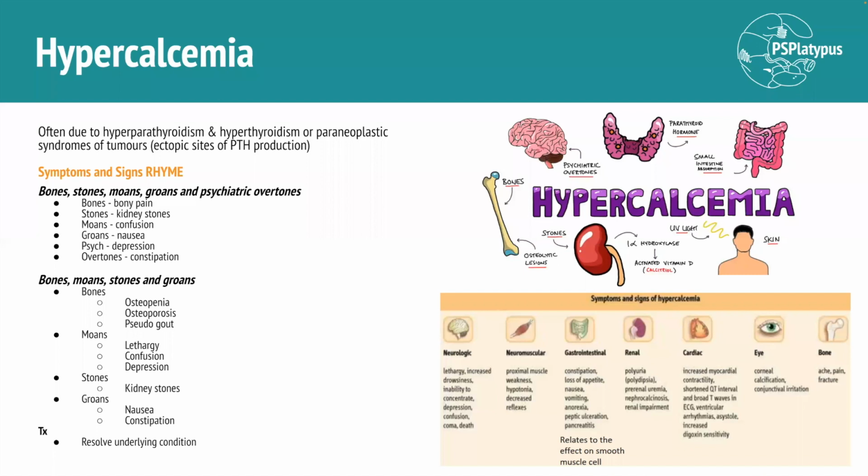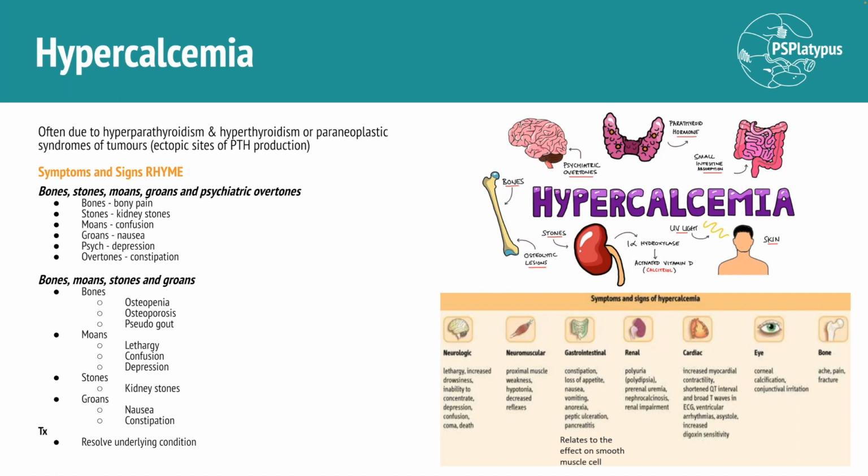Next, we'll be looking at the conditions that arise when there is an imbalance in our calcium levels. First up is hypercalcemia, which is when there is an increased amount of calcium in our blood above normal.